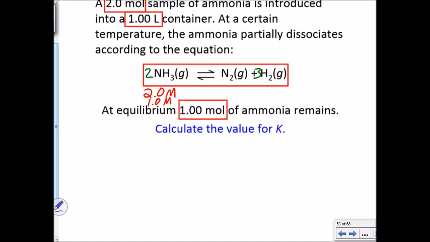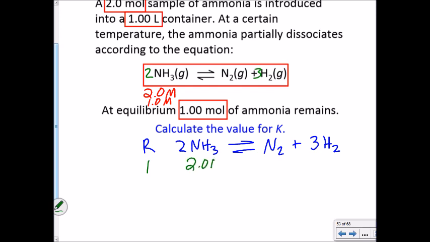So RICE, time for the RICE. 2NH3, N2, and 3H2. So, initial concentration was 2 here. What do we assume about the others over here? 0. Nothing, because they just told us ammonia was introduced into the container.